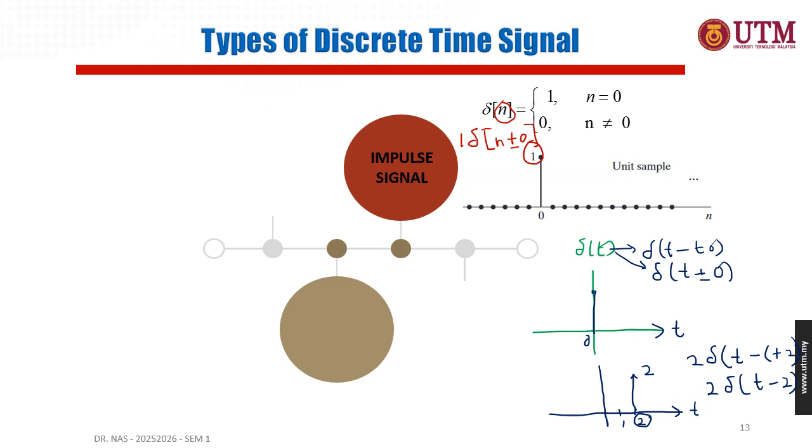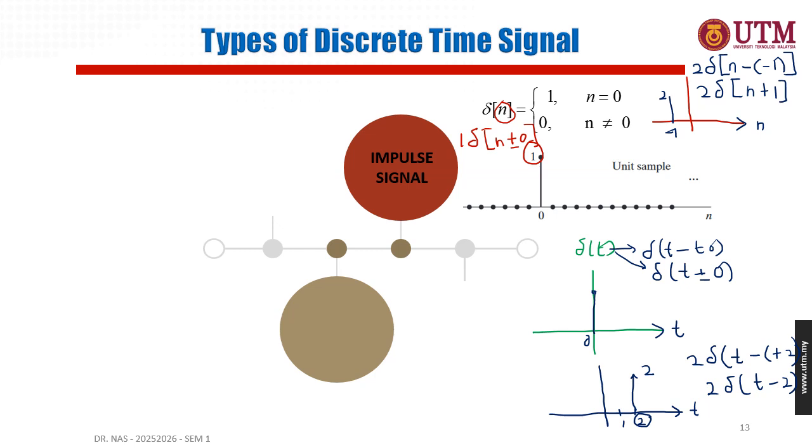If you have a different location of the impulse signal, for example at minus 1, and the amplitude is 2, this is a discrete signal. So the equation will be the amplitude times δ in the n domain, n minus your n0, which in this case is minus 1. So overall it is equal to 2δ[n + 1].